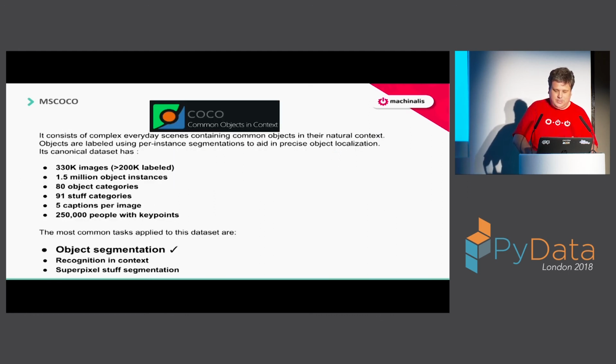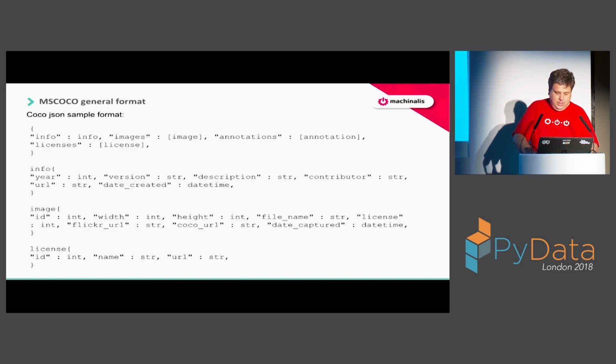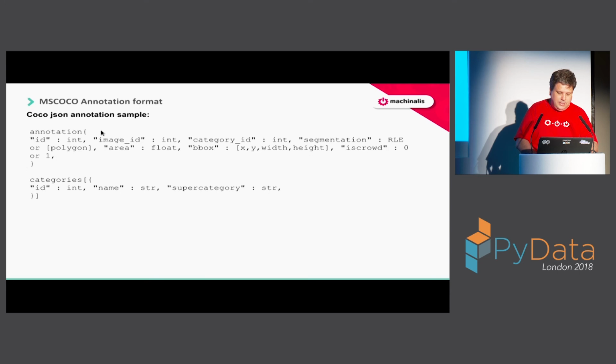And for this very model, we need new formats because the Pascal didn't accept it. So the MS COCO format appeared, and the general format is like this. You have the images and the annotations, and a couple of metadata added here. And the annotation field is like this.